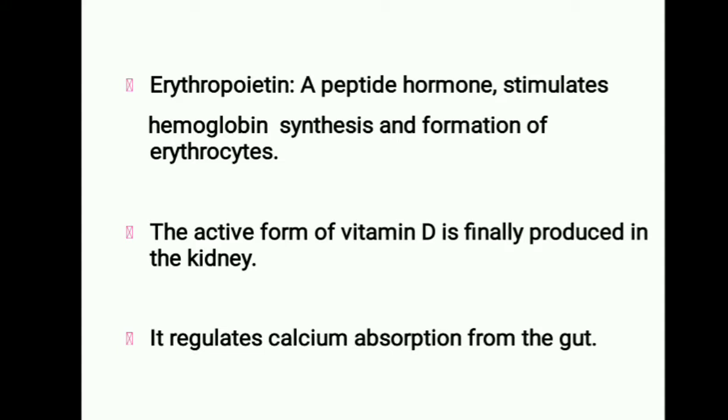Erythropoietin, a peptide hormone, stimulates hemoglobin synthesis and formation of erythrocytes. The active form of vitamin D is finally produced in the kidney. It regulates calcium absorption from the gut.